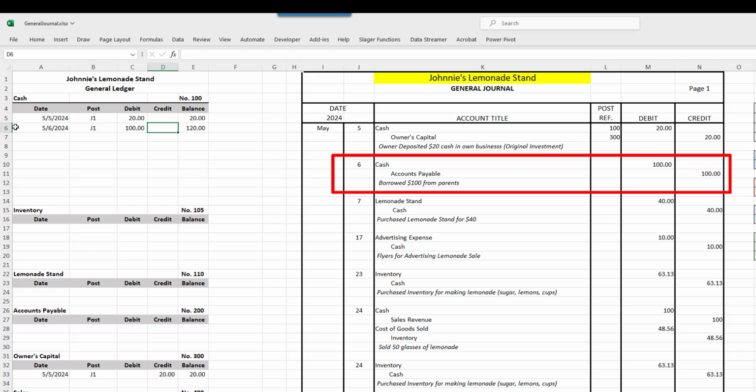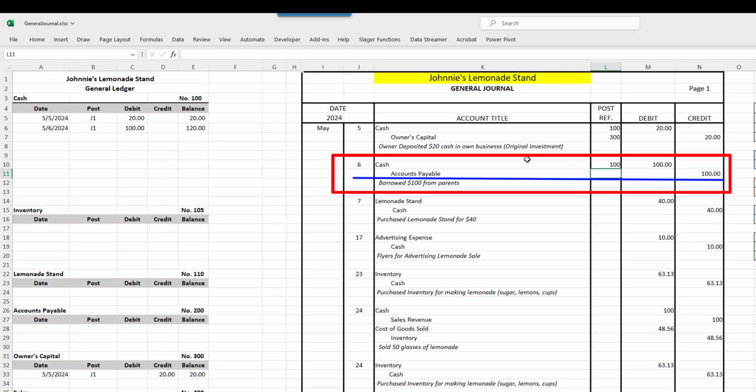The balance is now $120. The main purpose of the general ledger is to be able to look at any account and see its balance. This is why you need to post to the general ledger soon after recording the transaction in the general journal. In the general journal, I will enter 100 in the post-ref column.